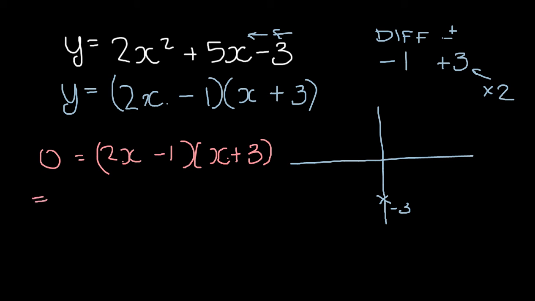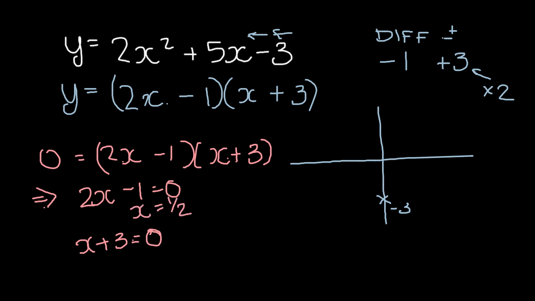So either 2x minus 1 is equal to 0, or x plus 3 is equal to 0. In which case here x is equal to, pull the 1 over, divide by 2, a half, and here x is equal to minus 3.